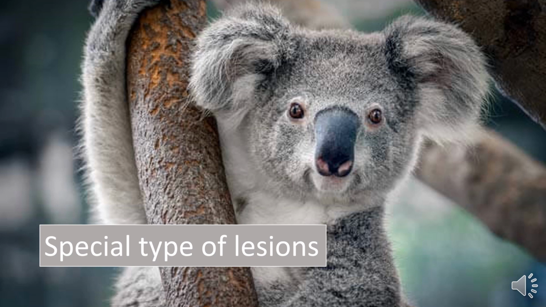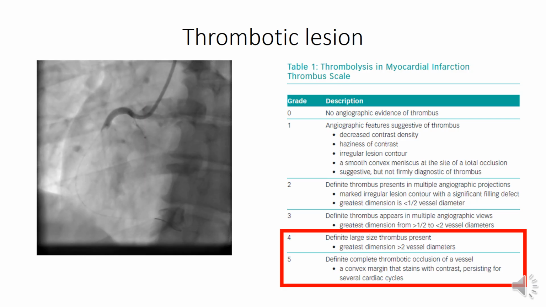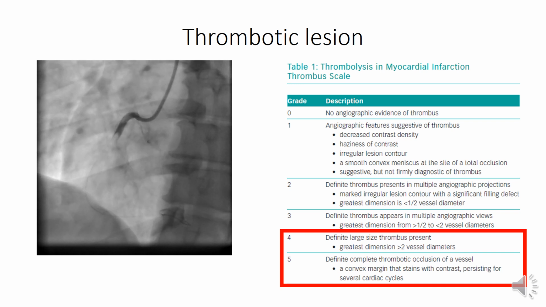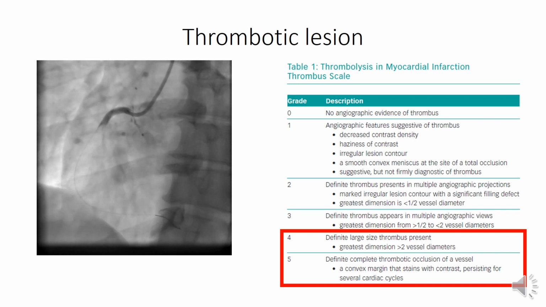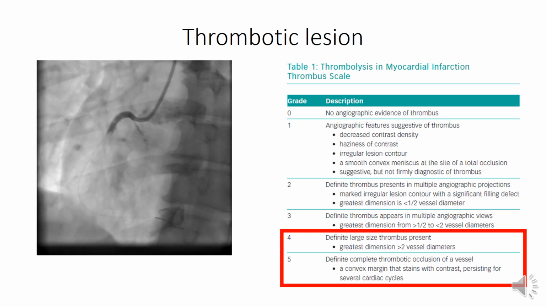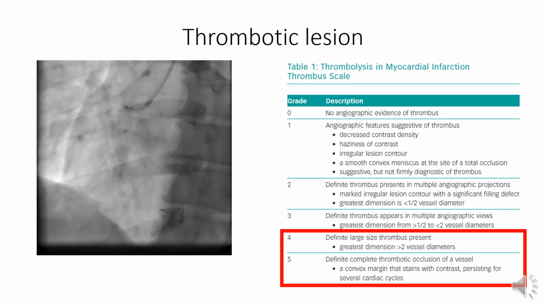Then we have special types of lesions that may mandate certain types of treatment, so it is important to recognize them. The first one is the thrombotic lesion. If we have a primary PCI patient, we might hear the term heavy thrombus burden.